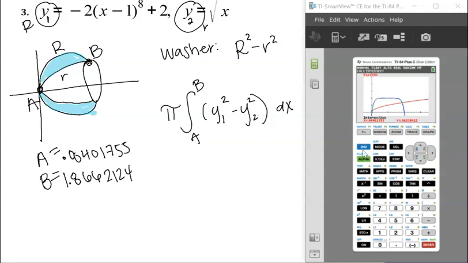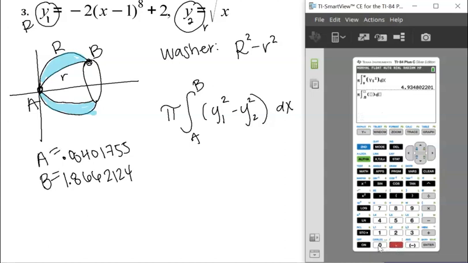And now we're ready to type the integral in. So back to the home screen. I'm going to type my pi first. If you don't type the pi at the beginning, you'll just get the answer from the integral and then multiply it by pi. Okay, and then math 9.